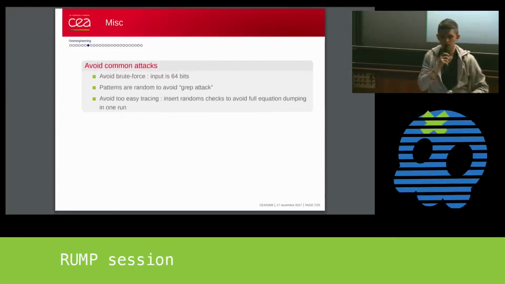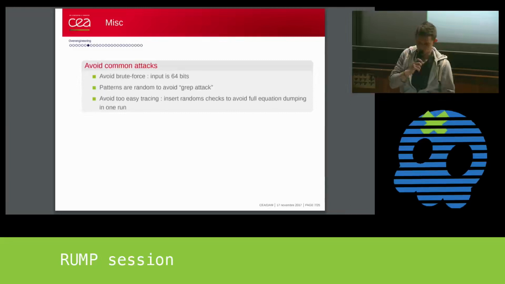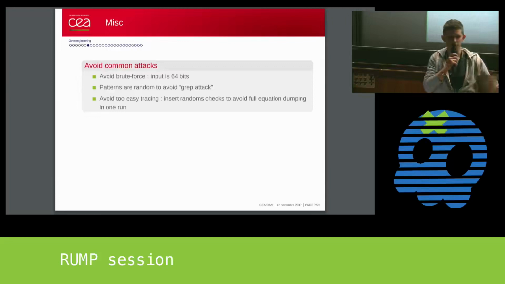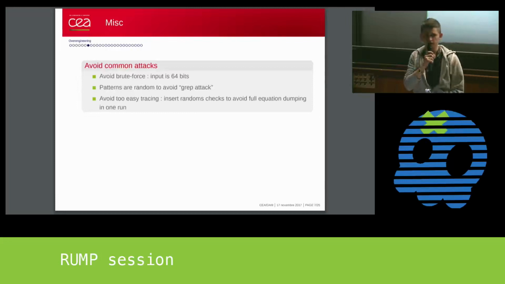We also want to avoid common attacks. For instance, to avoid basic brute force, the input is 64 bytes, sorry. The patterns are random to avoid the famous so-called grep attack. And we want to avoid too-easy tracing. If someone is just tracing the program from the beginning to the end, we don't want it to reach the final equation.